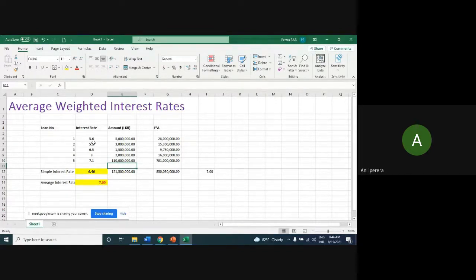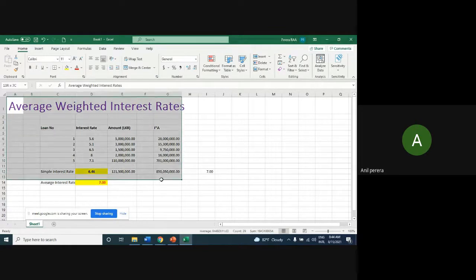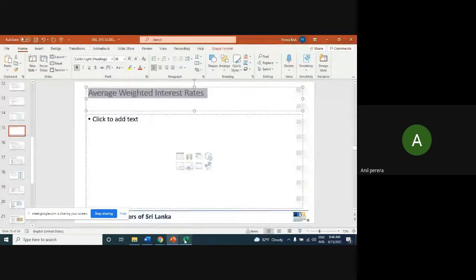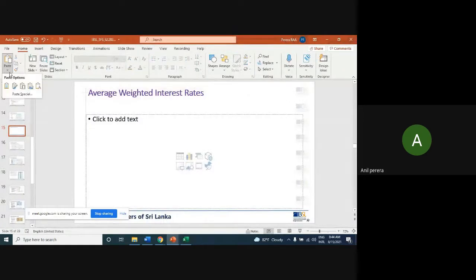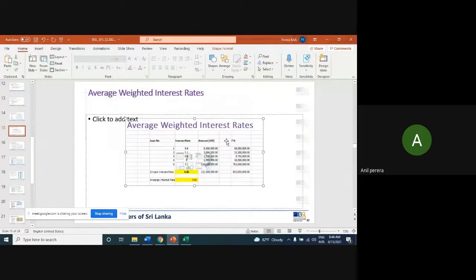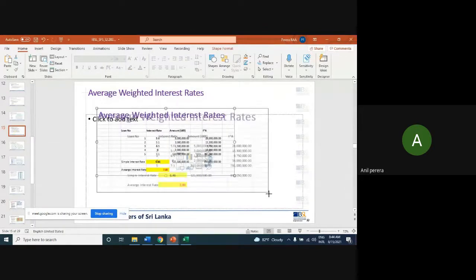But the simple average does not change. So this is the idea of weighted average interest rates. Clear? Sometimes you will need it in real life. That's why I calculated it.